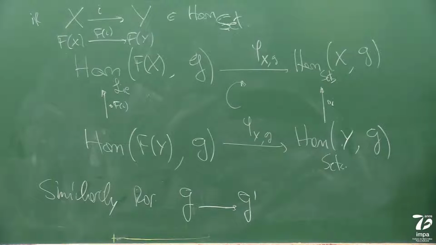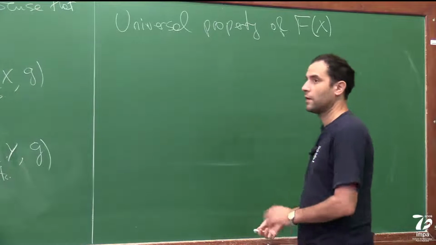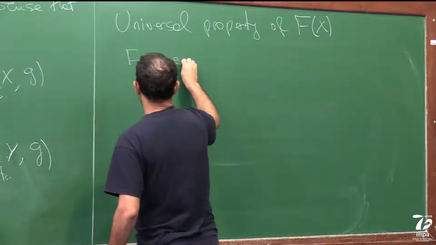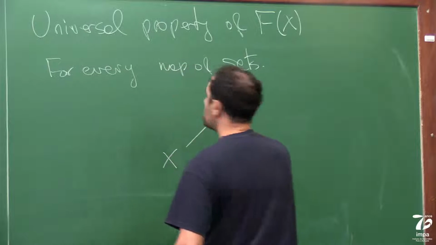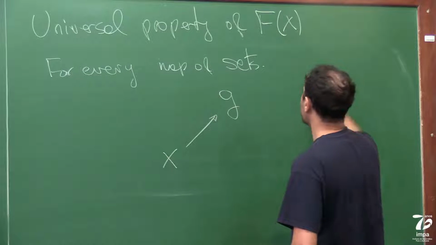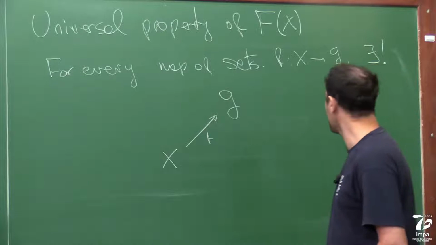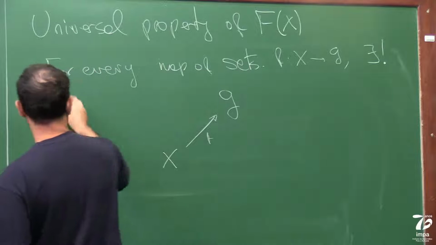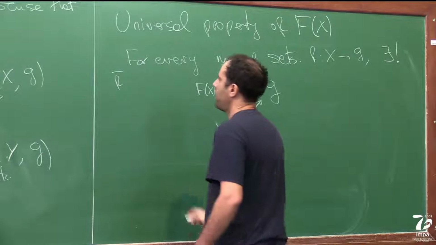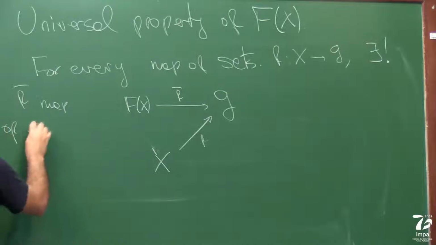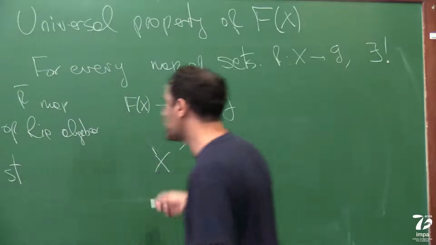So that's a universal property: for every map of sets f from X to some Lie algebra G, there exists a unique map of Lie algebras, F bar, from F of X to G, such that the following diagram commutes, and I need to tell you what this map is.